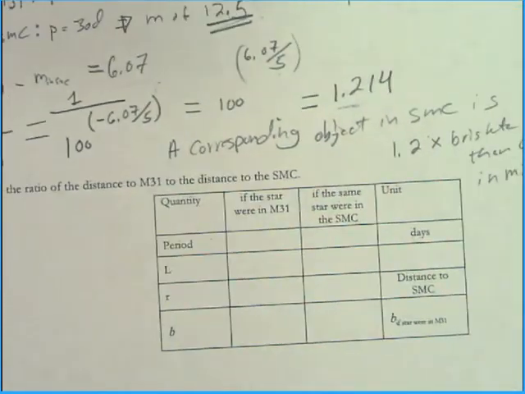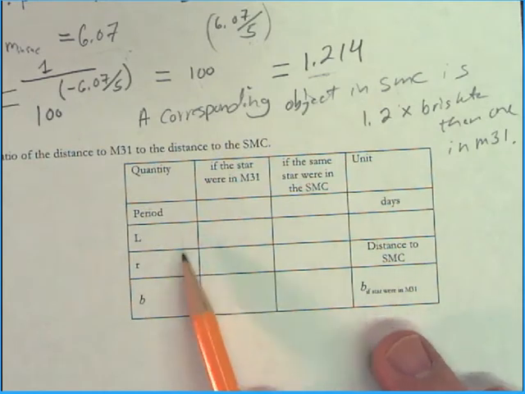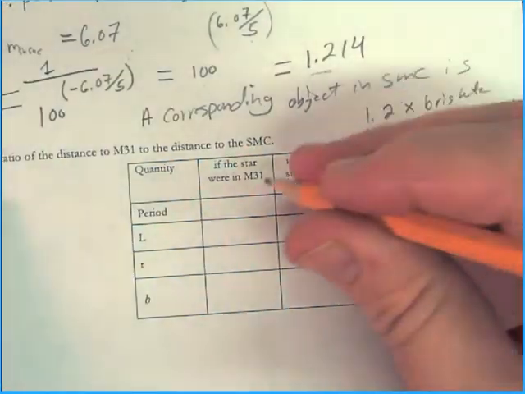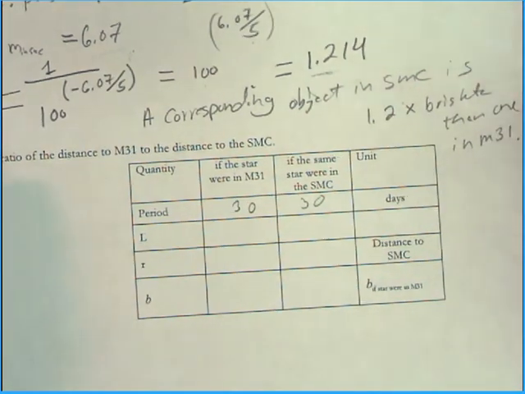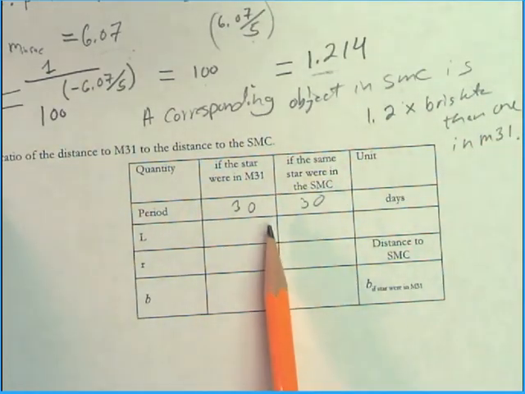And now we can use this, just like we did before, to figure out how far away the ratio of distances are. So we now realize that we picked 30 days. Why? Because it was the middle of our data. It shouldn't matter which time period we pick, but it's always better to pick it in the middle of the data.